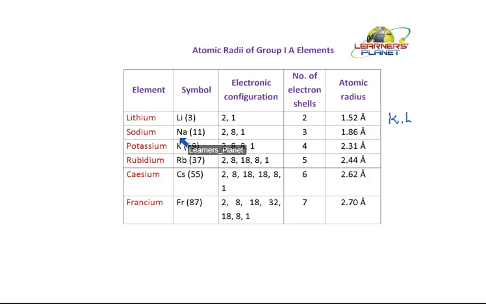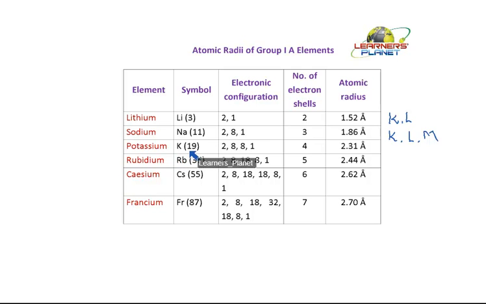What is the atomic number of sodium? It's 11. What is the configuration? 2, 8, 1. How many shells are there now? 3. What is the radius? 1.86 angstrom. These shells are K, L and M. Now coming to the next element, potassium.